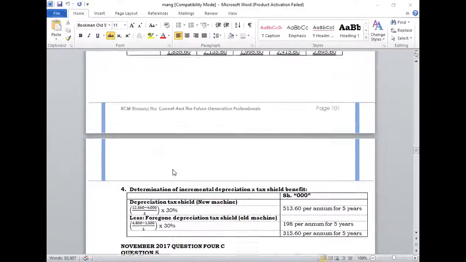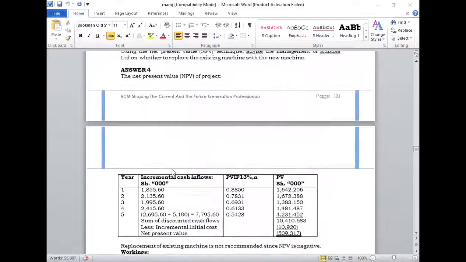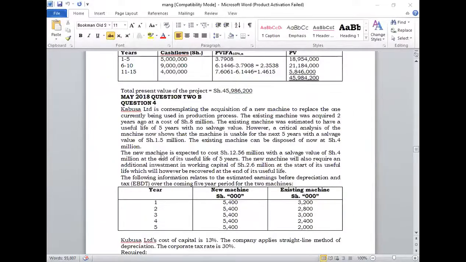So here we are. They are telling us that Kabusa Limited is contemplating the acquisition of a new machine to replace the one currently being used in the production process.